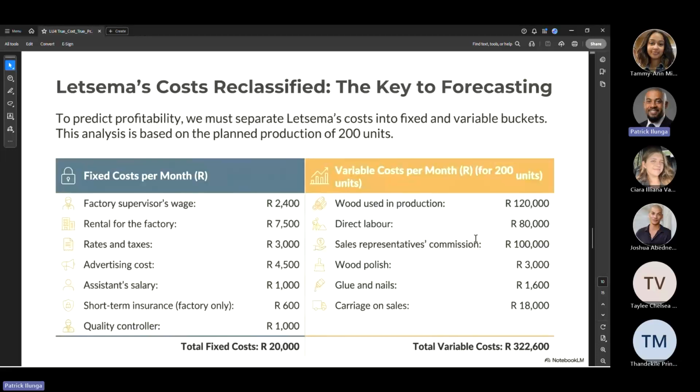The sales representative commission, if the sales representatives sell more, would they get more money? Yes, then it increases with the production. Then it is a variable cost. Wood polish, does it increase with the number of production? Yes, then it's a variable cost. Are you getting it?